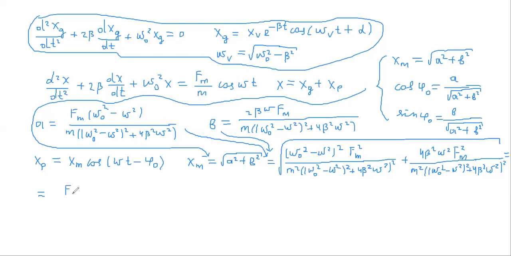So we have fm to the power of 2, open bracket, omega 0 to the power of 2 minus omega to the power of 2, close bracket to the power of 2, plus 4 beta to the power of 2 omega to the power of 2, close bracket, divided by m to the power of 2.